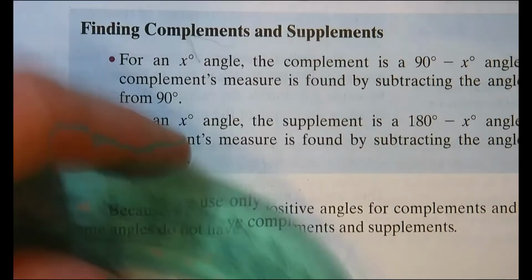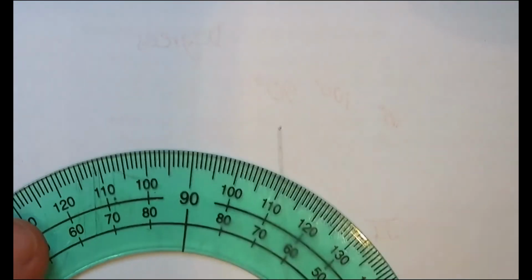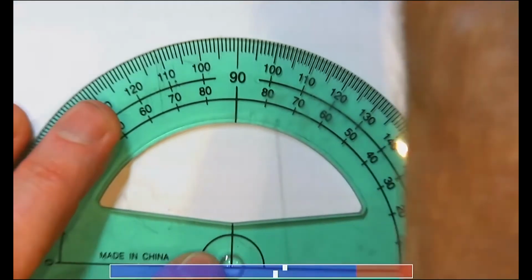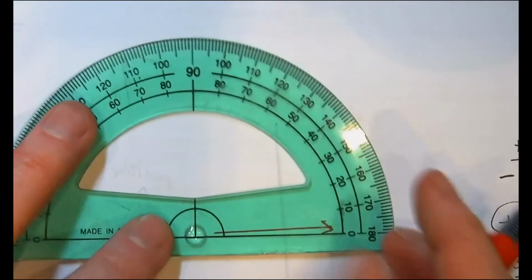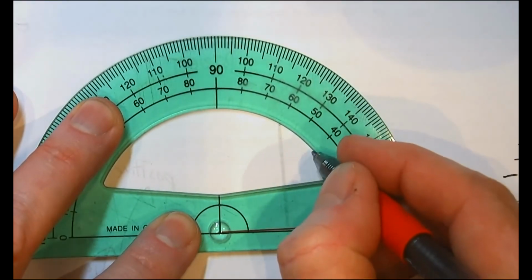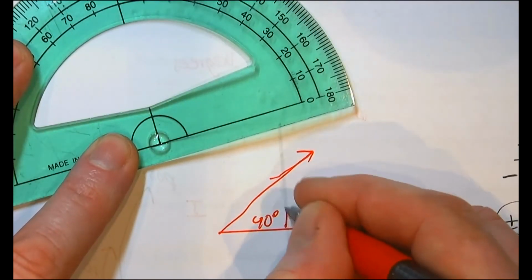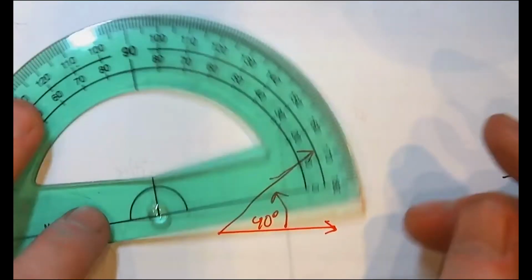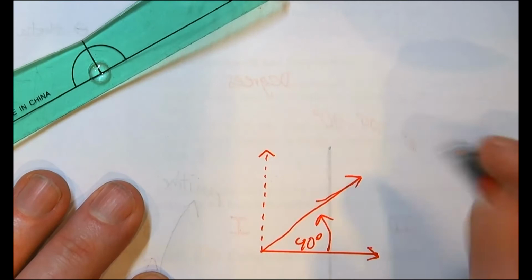In other words, if I drew myself an angle, let me just draw a line here. There's the starting line. I put this on here and drew out to 40, like that, and say this is 40 degrees. A lot of people ask, what's the other piece that would fill this in?